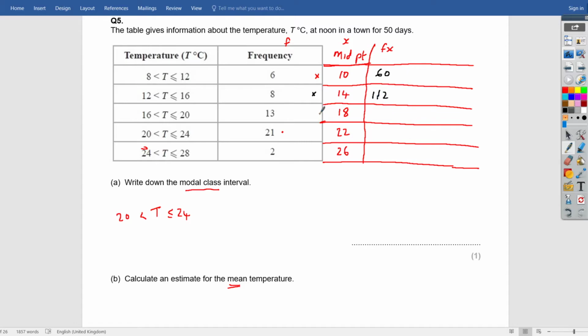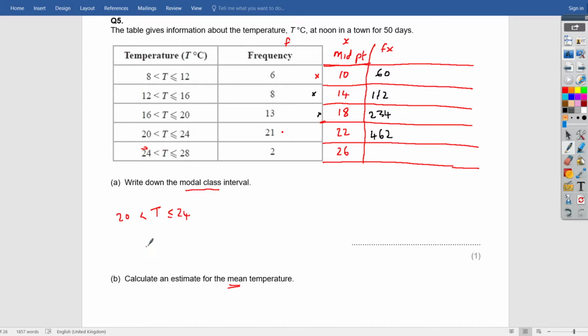Okay. We've got 13 days with an average temperature of 18, so that's going to give me 234 degrees in total. I've got 21 days with an average temperature of 22 degrees. That's going to give me 462 degrees.